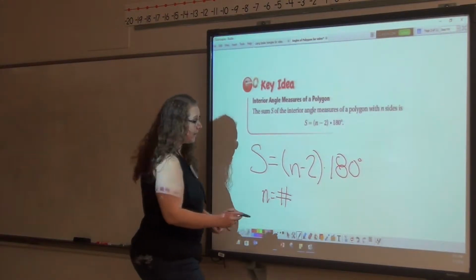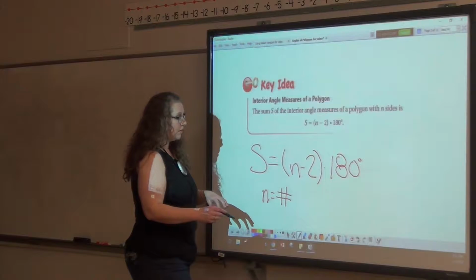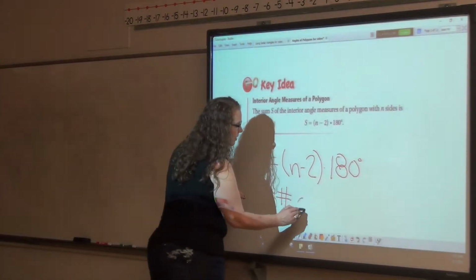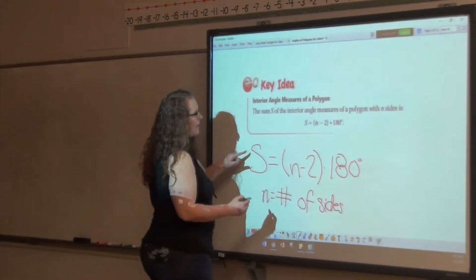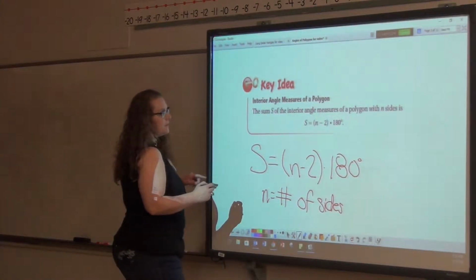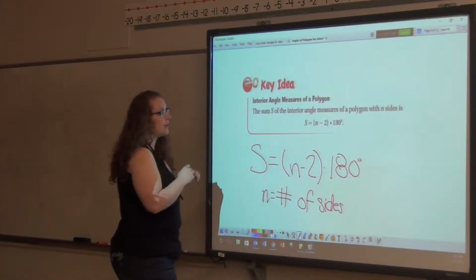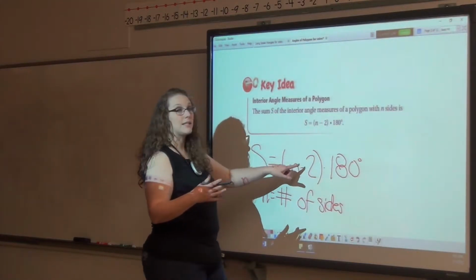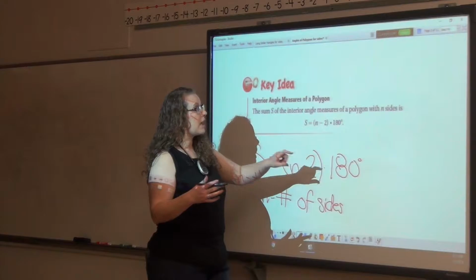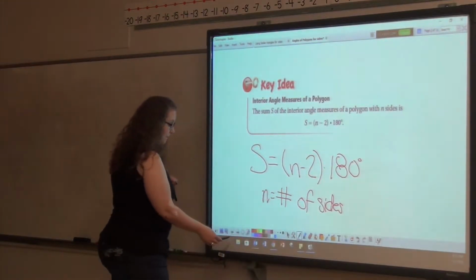That's the number, it is not hashtag. So n is the number of sides, and S is the sum of the interior angles. So the sum of your interior angles equals the quantity of the number of sides subtract 2 times 180 degrees.